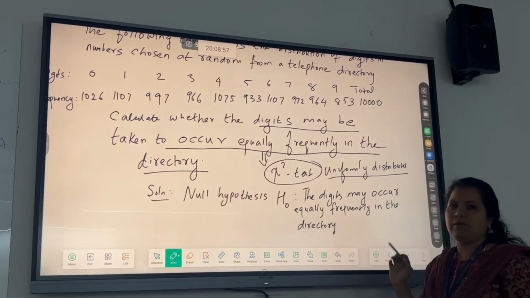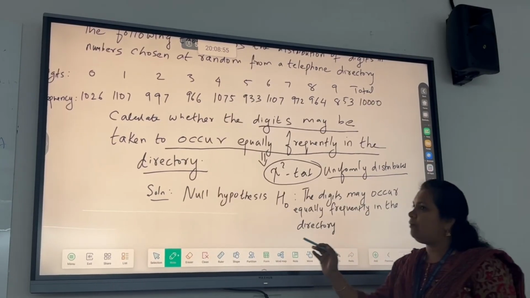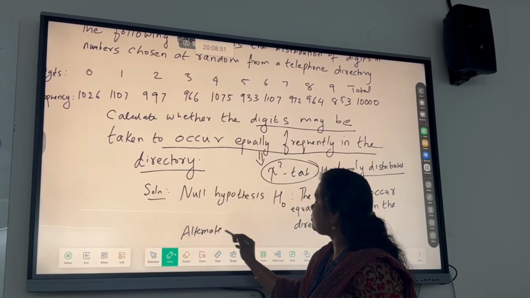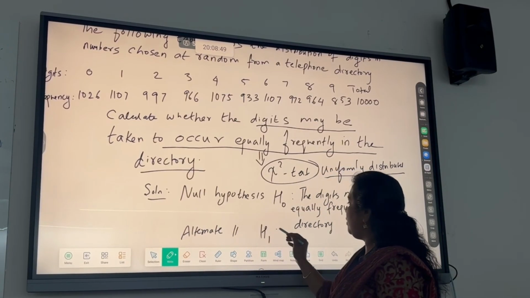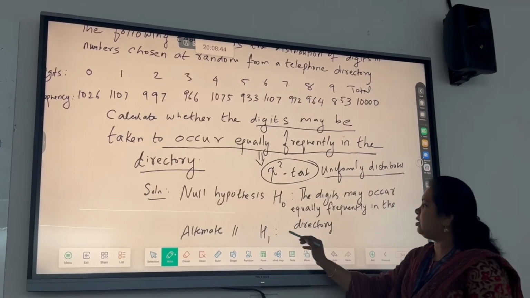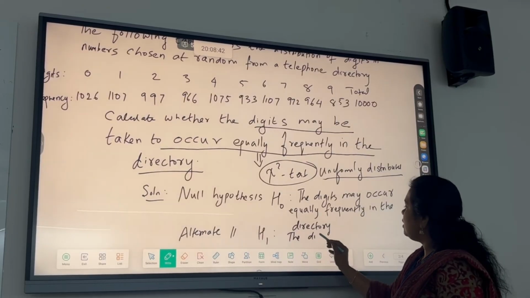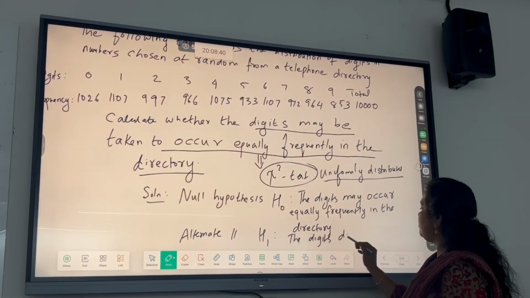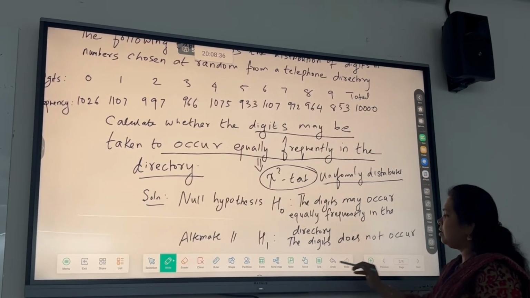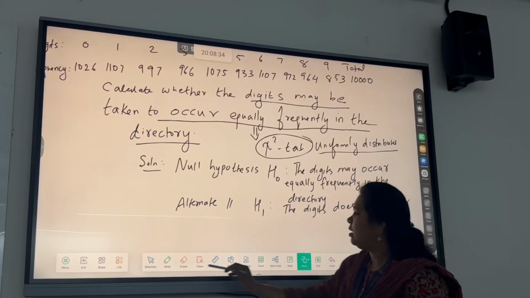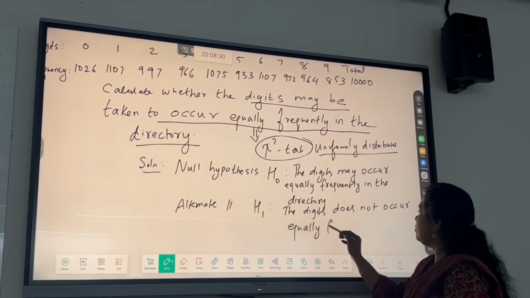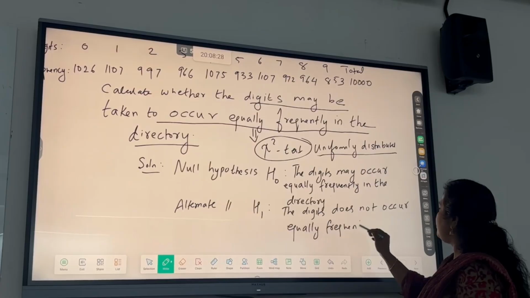Obviously, once we write H0, we have to write the alternate hypothesis, which is H1. Here H0 says the digits occur equally frequently, so now we should write that the digits do not occur equally frequently in the directory.